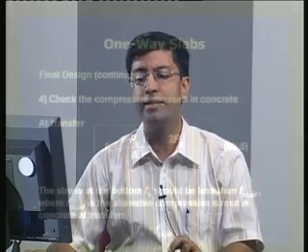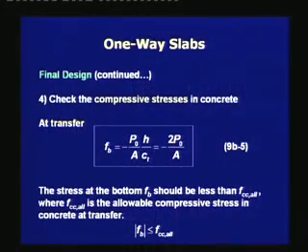Thus, we are able to calculate the stress at the bottom based on the designed prestress at transfer and the properties of the section. The stress at the bottom Fb should be less than the allowable compressive stress FCC allowable, and this can be expressed as an equation that the magnitude of Fb should be lower than or equal to FCC allowable.